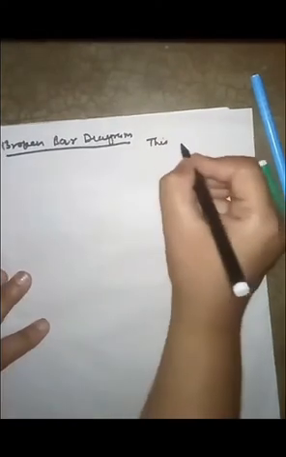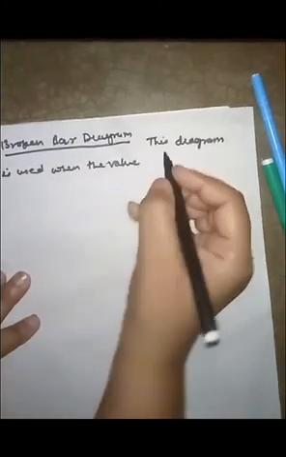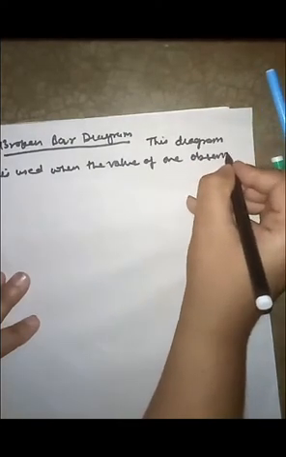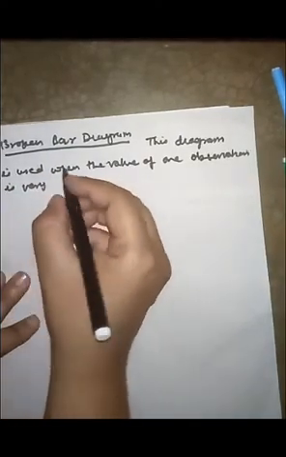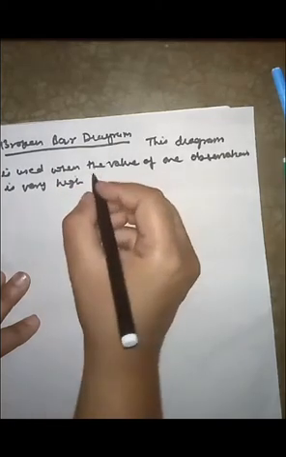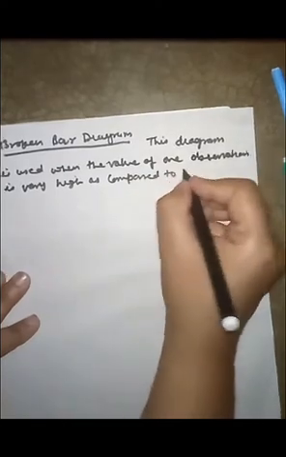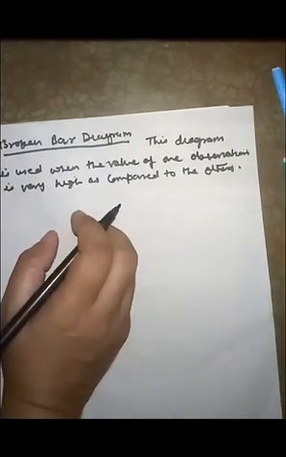So in this, write down the proper definition. This diagram is used when the value of one observation is very high as compared to the others, right?